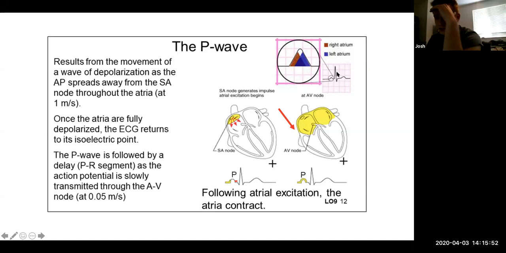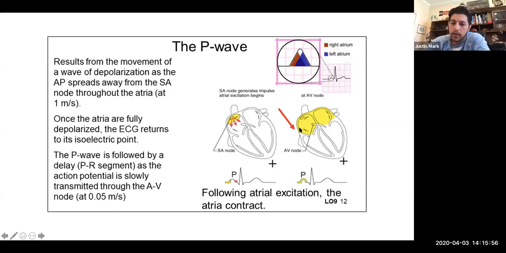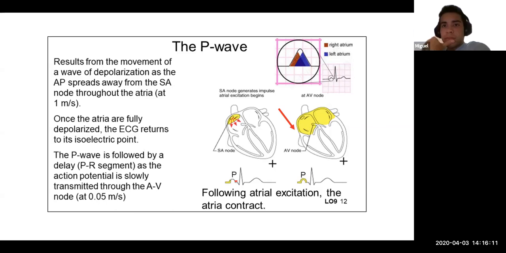Unless shown otherwise, assume that it's lead 2. So we're moving down this way, right? If the signal is going now to the left atrium, it's not quite directly on that vector line. So that's why we actually see the little deflection downwards. Okay? You guys can read all the text here.